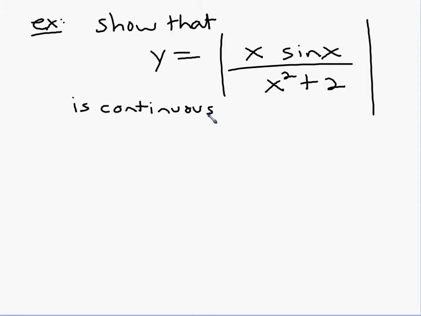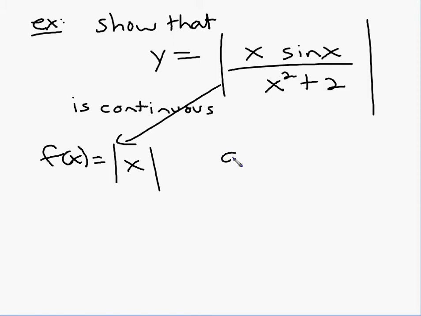So if you look at this ugly thing, it looks really bad, but not if we break it up into a bunch of pieces. If I think of f of x as being the absolute value of x, the outside type function, and then I think of g of x being what I plugged in.